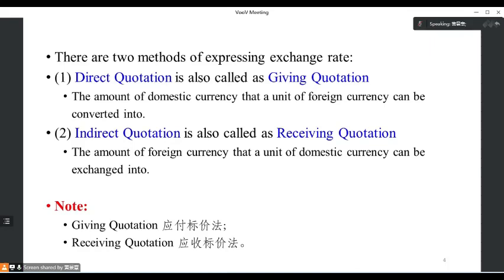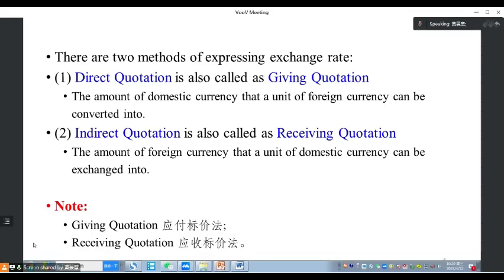In a simple word, we can say a unit of domestic currency measured by foreign currency is indirect quotation.